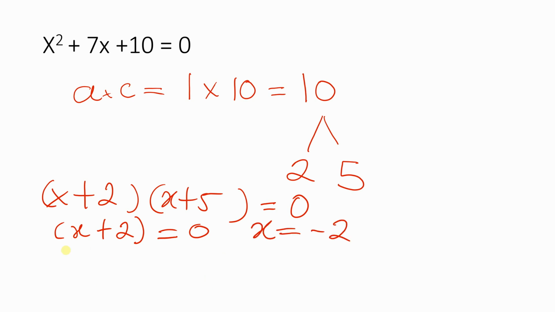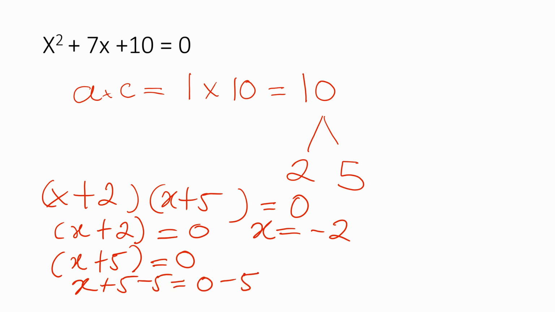So the next thing we do is to again pick the second bracket, so x plus 5, and again match it to 0. And then solve for x. So again, to solve for x, we subtract 5 from both sides. So that will be x plus 5 minus 5 equals 0 minus 5.